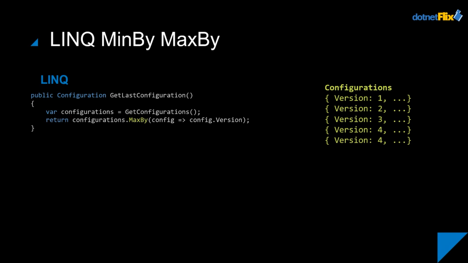In case of the Linq variant, if I run this piece of code, I would just get the version, probably the first version with the highest value would be returned.